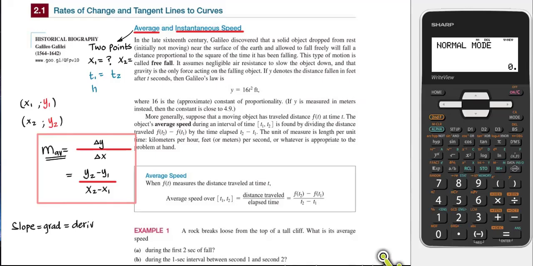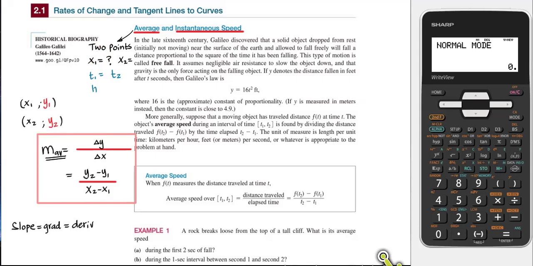Now I'm going to give you another name for that average. When you've got 2 points, like I told you, you must have 2 x values. When you draw a straight line, your straight line will cut the curve at 2 points. That means a straight line intersects the graph at 2 points.